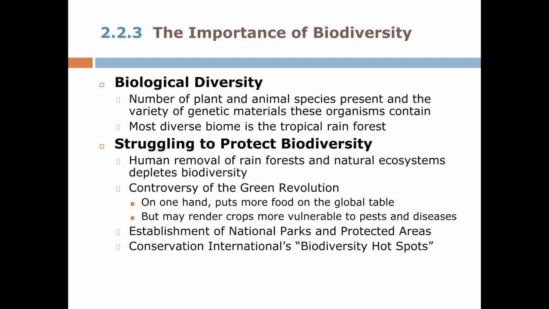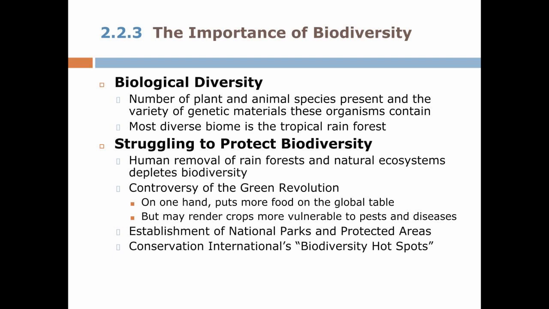Biodiversity, of course, being the number of plant and animal species present and the variety of genetic material these organisms contain. When I say biodiversity, and I ask you to think of an example, you probably think of the rainforest, right? Rainforest has huge amounts of untapped biodiversity. You have literally thousands of different species of frogs in a rainforest. That is boggling to the mind, but it exists.